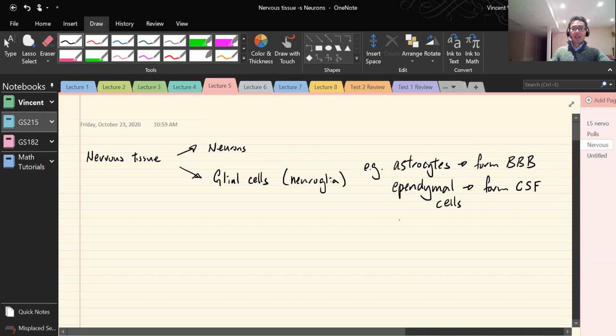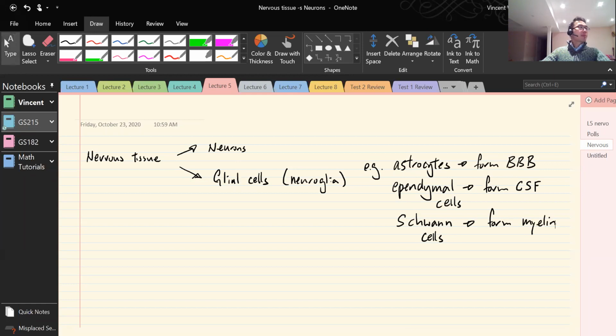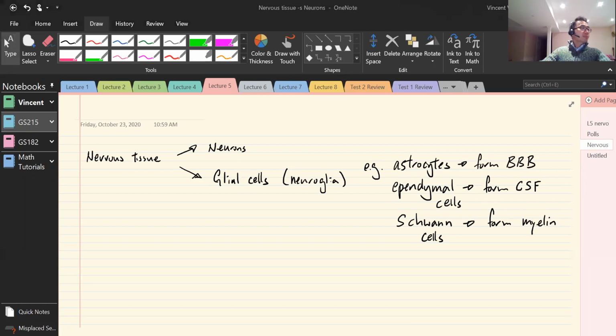And we also have Schwann cells. These ones form the myelin, which speeds up the conduction in the axon. If you put a layer of myelin around it, it is going to be able to conduct a little bit faster.